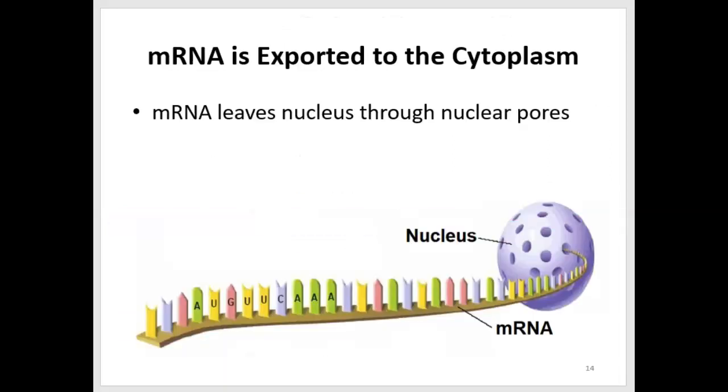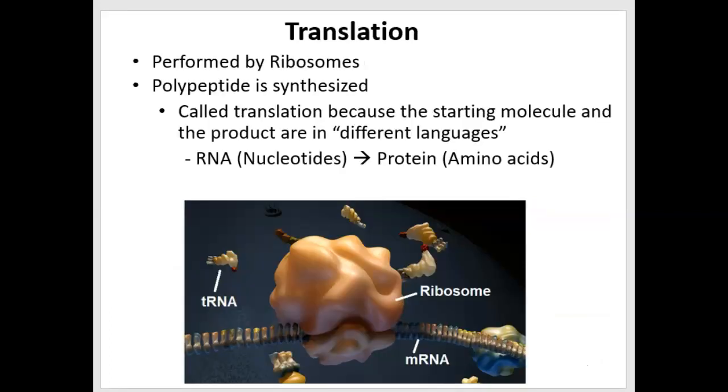After RNA processing has occurred, messenger RNA leaves the nucleus through nuclear pores to enter the cytoplasm. Once the mRNA is in the cytoplasm, ribosomes will attach to it and begin the process of translation. This leads us to the last step of protein synthesis called translation.